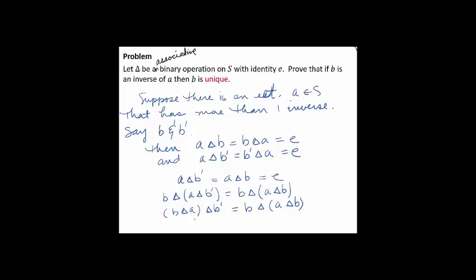But now B delta A is E. So that's E delta B prime is equal to B delta, and again, A delta B is E. And we get, therefore, that B prime is equal to B.